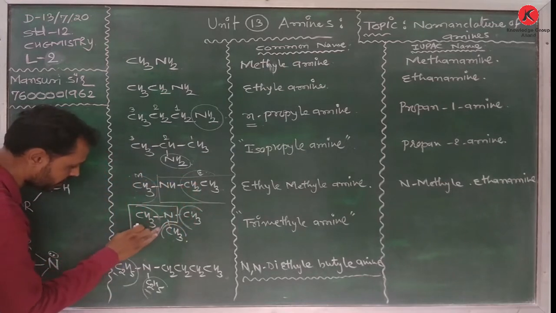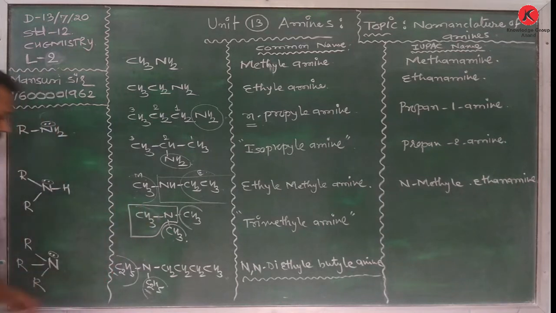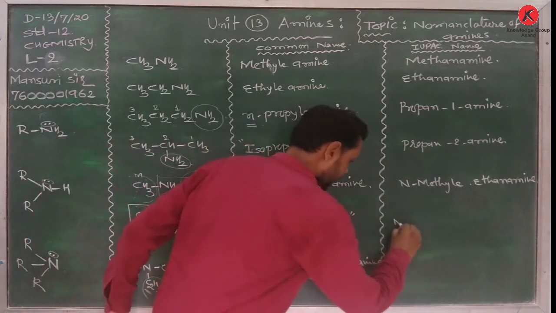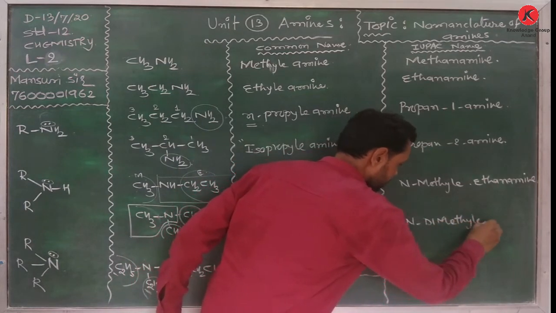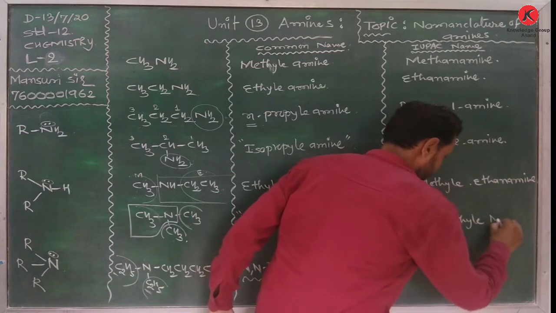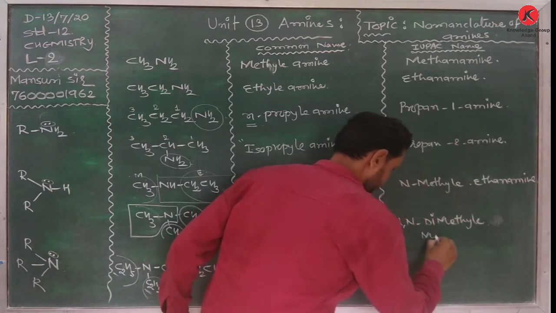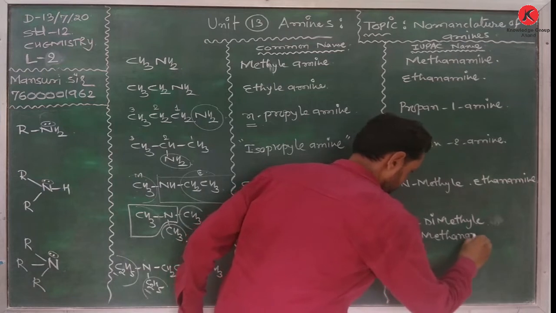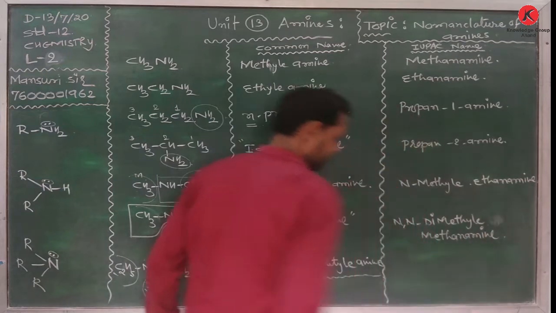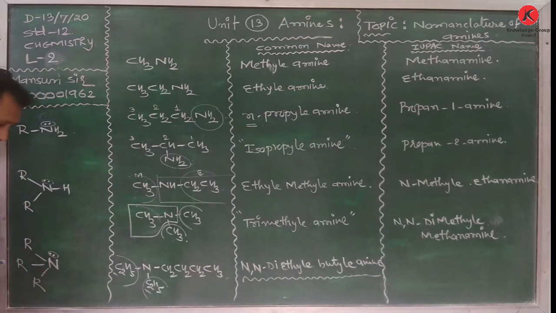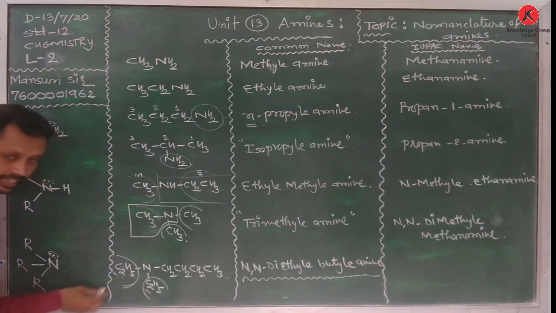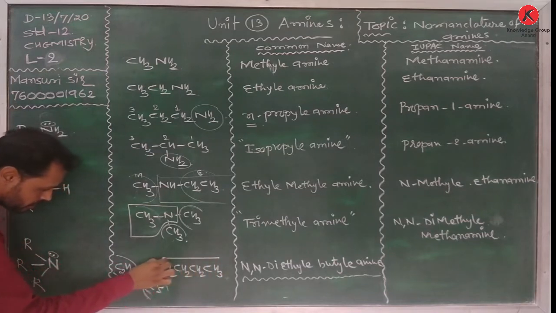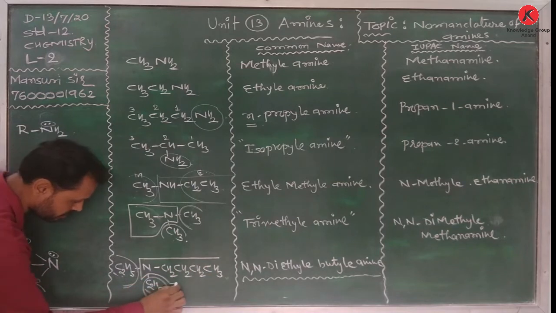So we will use the word N,N-dimethyl, this is my methanamine. N,N-dimethyl methanamine. Thereafter, this is ethyl, this is ethyl. N,N-diethyl, and this is on the longest carbon chain.